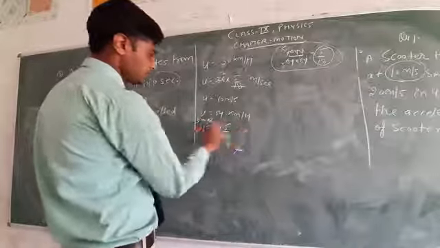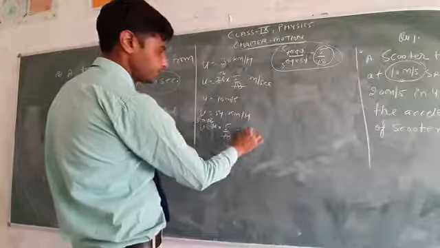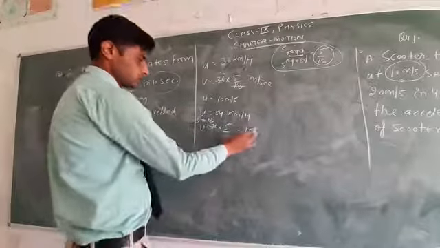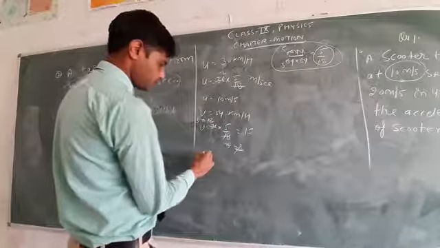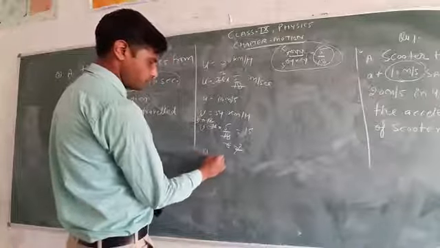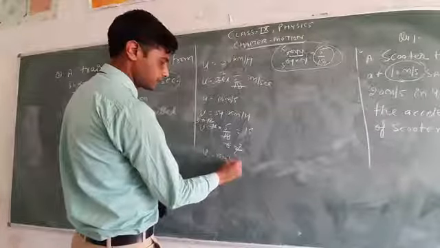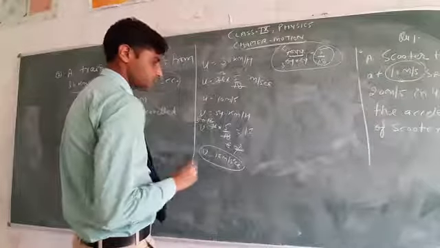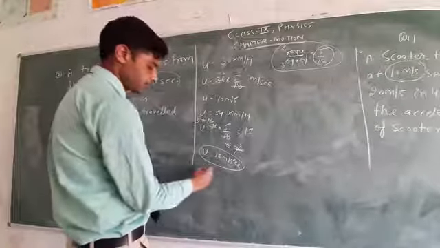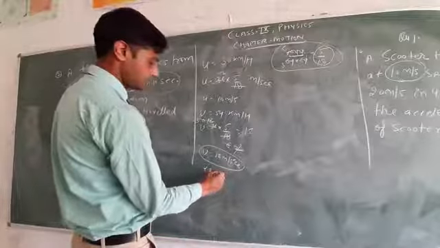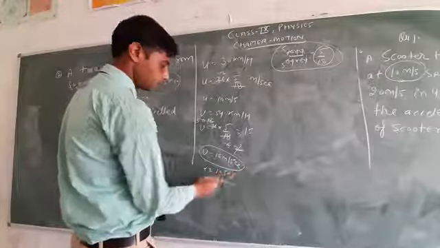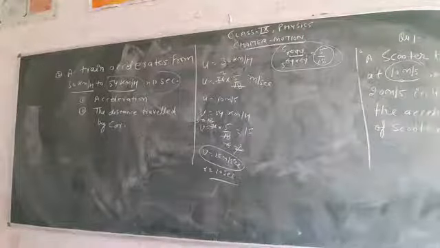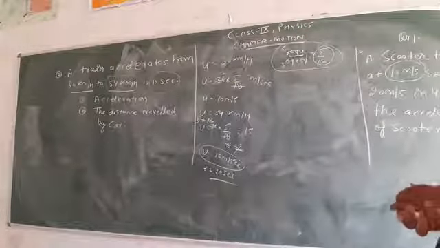So it means 3 into 5, 15. Or you can solve according to you. This is 15. v is equal to 15 meter per second. This is the value of final velocity. Okay, and time is given as 10 seconds. Now you have to find the value of acceleration.